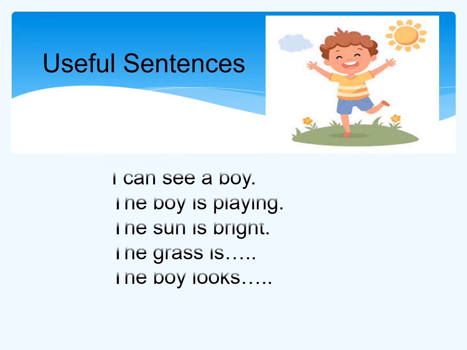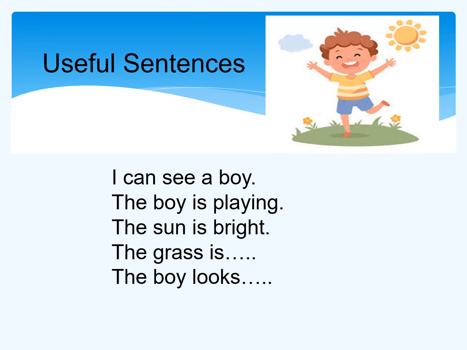Now, let's see some useful sentences which you can make about this picture. First of all, you can see a boy in this picture. The boy is playing. The sun is bright. And now you can complete the given sentences here by yourself.